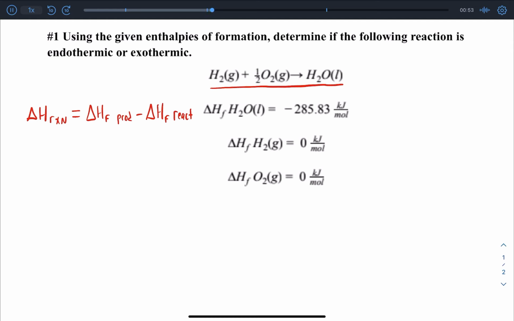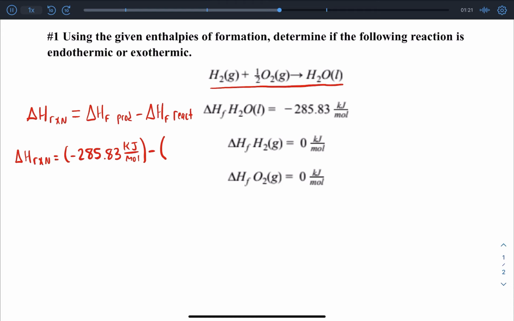Given that equation, we can write that the enthalpy of the reaction is equal to the sum of the enthalpy of the products, which in this case is water, and that is negative 285.83 kilojoules per mole, minus the sum of the reactants, which in our case we've got hydrogen and oxygen.